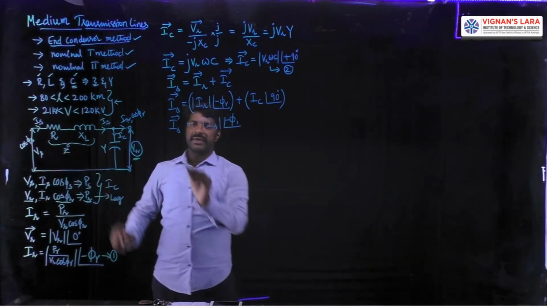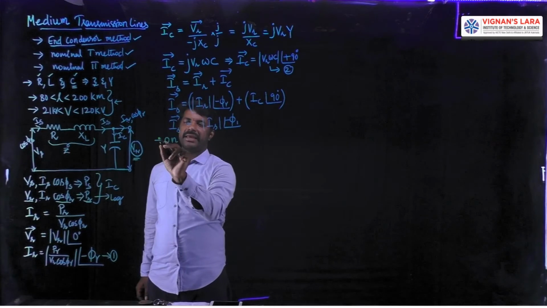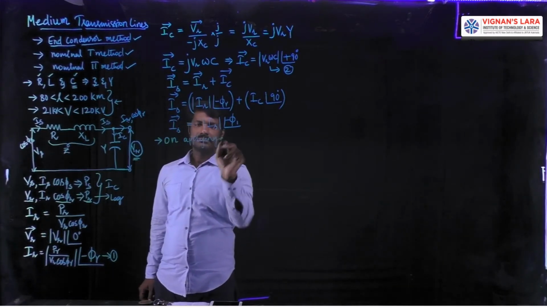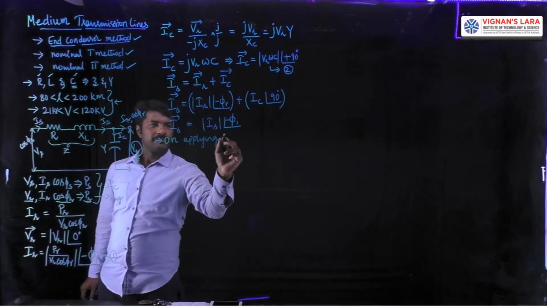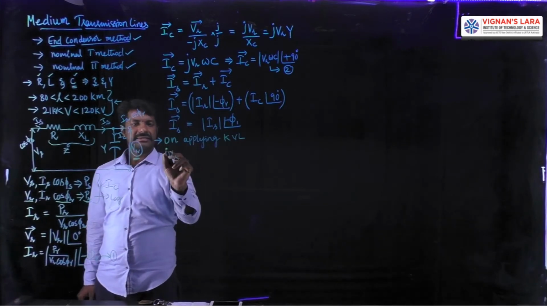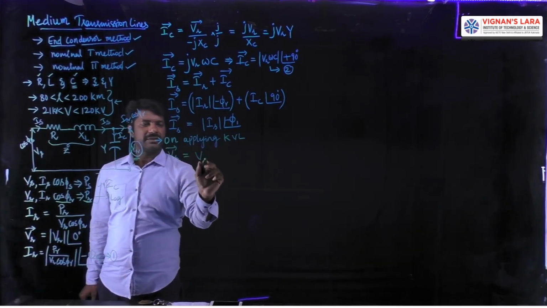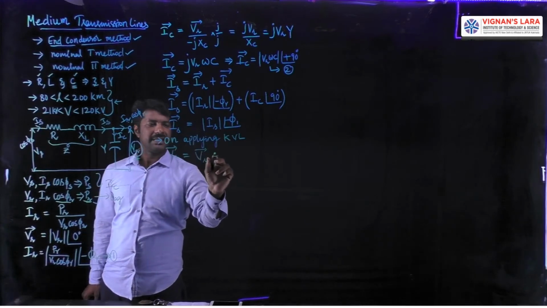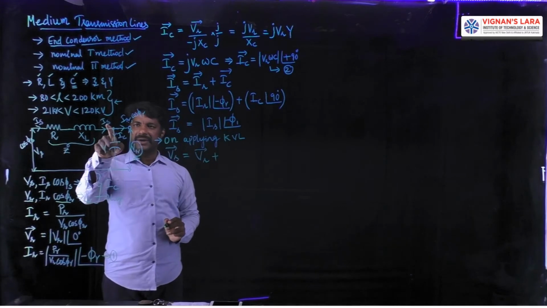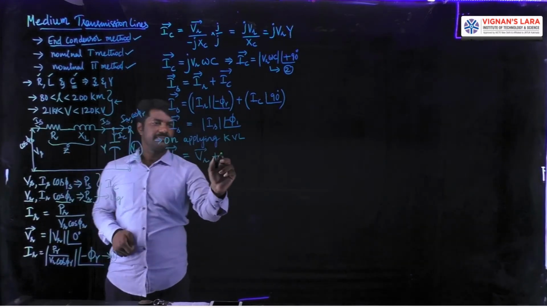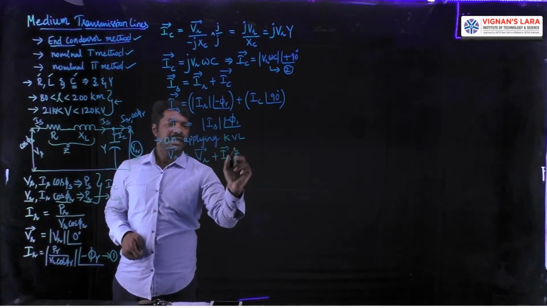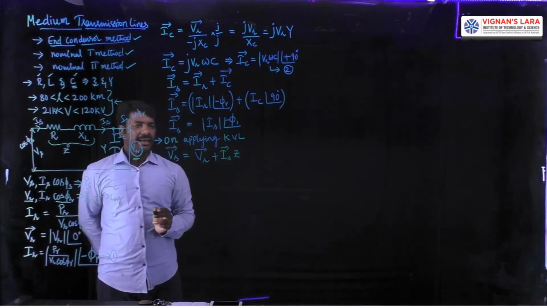On applying KVL, we get the voltage Vs as Vs is equal to the reference voltage VR plus the drop across the series impedance. What is the drop across the series impedance? IS multiplied by Z. So the current IS is a phasor which is to be multiplied with Z, expanded in the form R plus jXL.